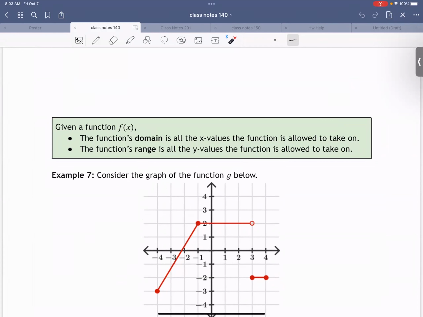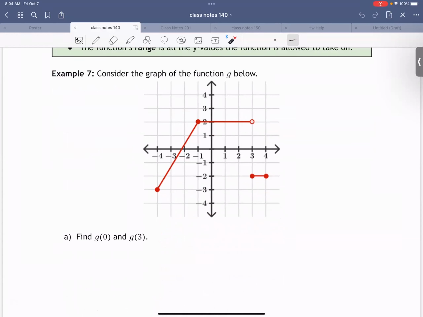So it describes all of the x values, or anything on that horizontal axis, that is allowed to be taken into the function. And if that doesn't make sense, maybe an example will clarify some things. On the other hand, the range represents all the y values, so all the outputs of the function. Where does the function actually exist from the bottom to the top? Okay.